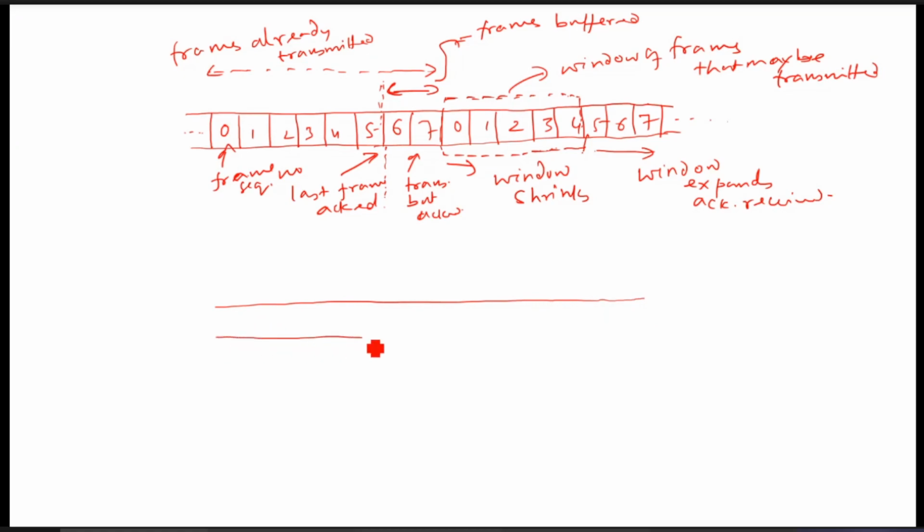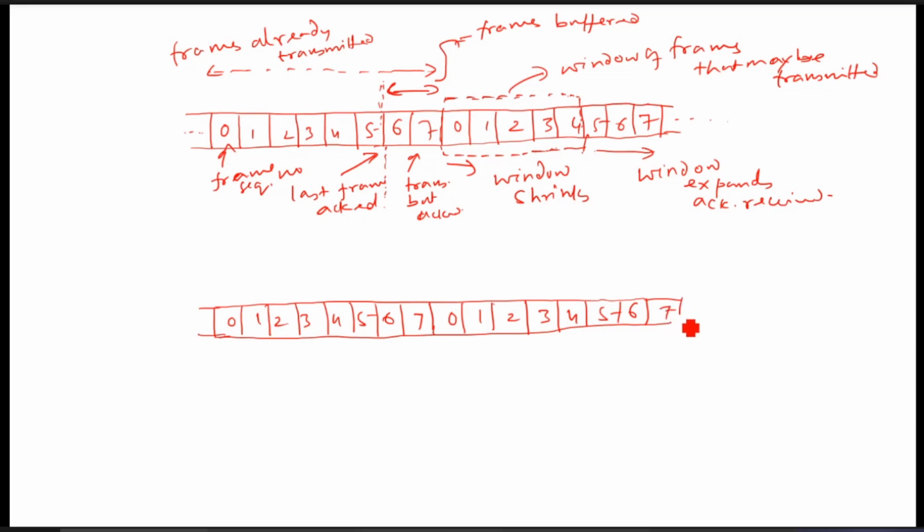So here you see 0, 1, 2, 3, 4, 5, 6, 7, again 0, 1, 2, 3, 4, 5, 6, 7. And these things. Right.